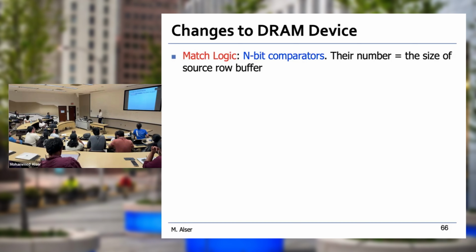But we don't have any control over that vector, so we don't know it in advance. The safe use case is to replicate as many comparators as we have columns in the subarray. If we have 1,000 columns in the subarray, then for each column we need that comparator, right? Because every time we compare the index with the number in the vector, and we see, does it exist? If so, we go to the corresponding column index and fetch that column.